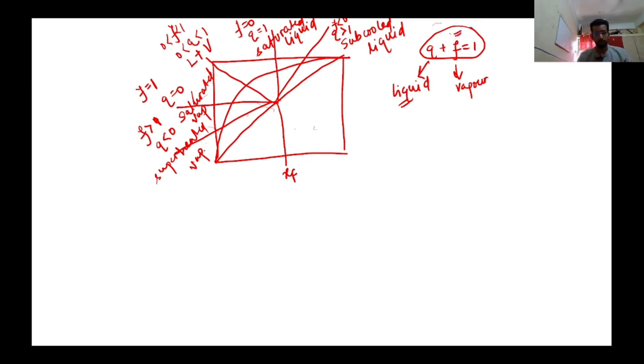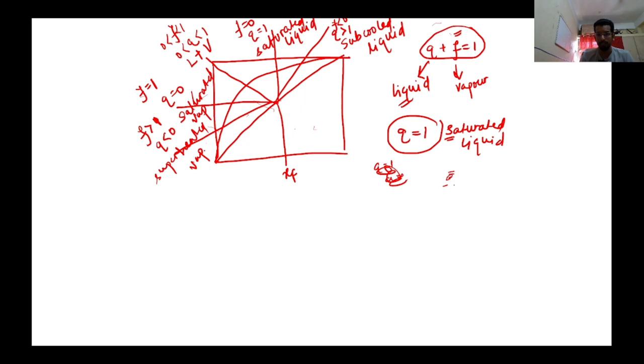In the question it is written that the feed is saturated liquid. Saturated liquid means q is equal to 1. And always remember, GATE will ask like this. It will not give directly that q is equal to 1 or q is equal to 0. It will say saturated liquid, subcooled liquid, or liquid plus vapor.